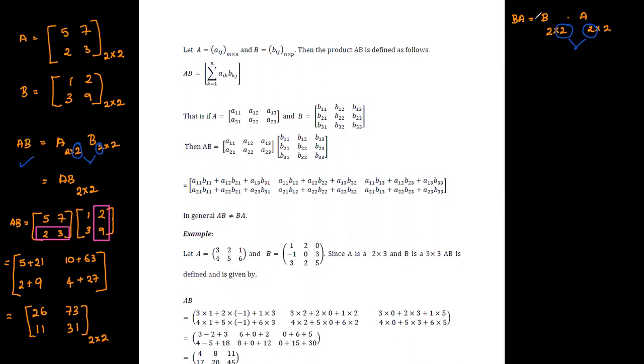Therefore, we can say that matrix product BA exists. If you identify the dimension of the matrix product BA, it will again be a matrix with 2 rows and 2 columns.